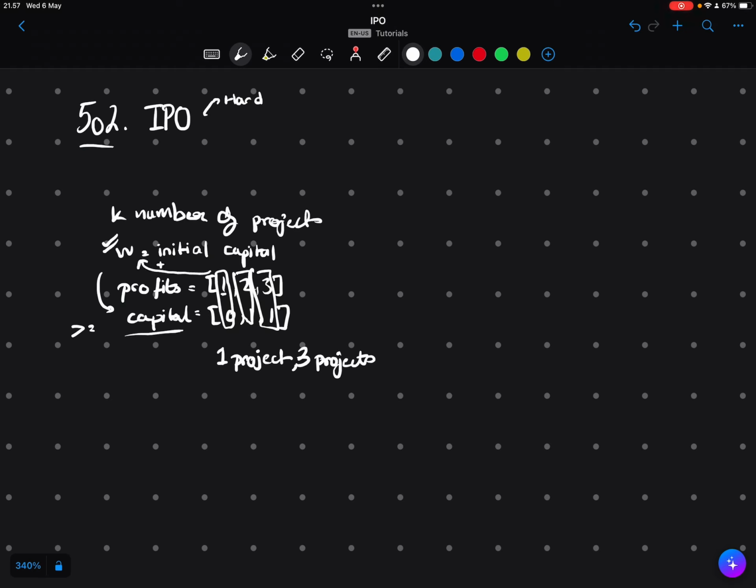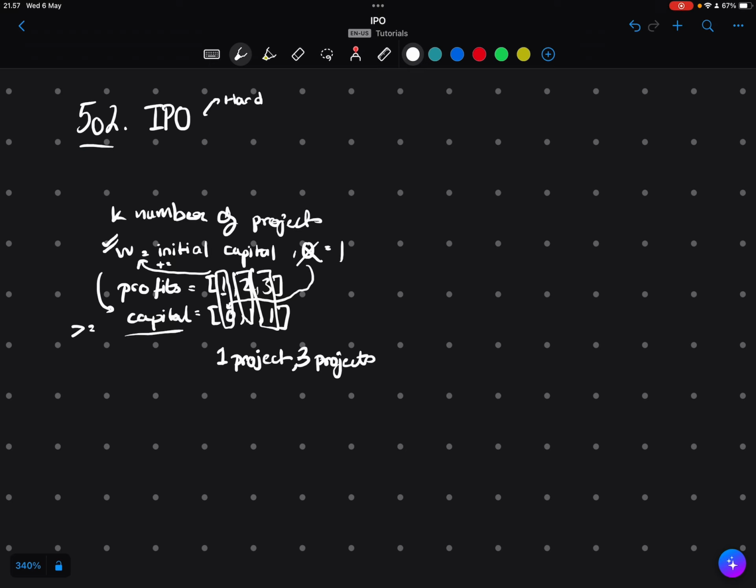And when we do finish the project, we get some profit, and that profit gets added to our W. So since we have W equals 0, we would finish project 1, then we would get 1 as our profit, and our W would now be equal to 1 instead of 0.